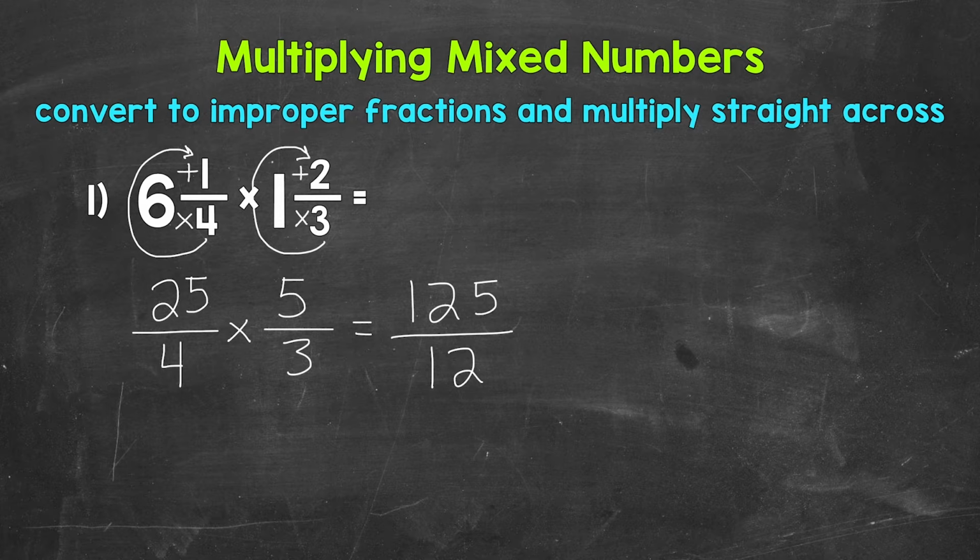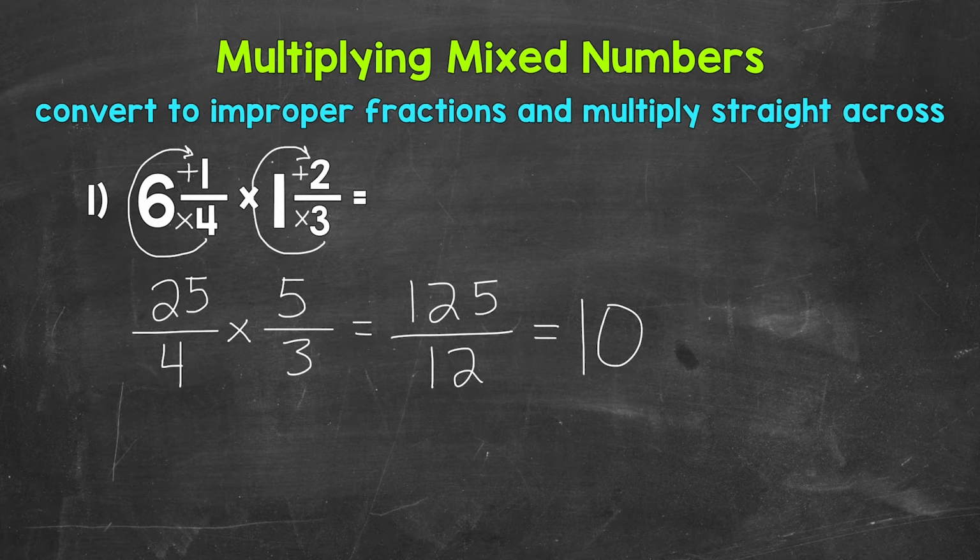So let's convert it to a mixed number. We do that by dividing the numerator, 125, by the denominator, 12. So 125 divided by 12. How many whole groups of 12 in 125? Well, 10. And that's the whole number of our mixed number.